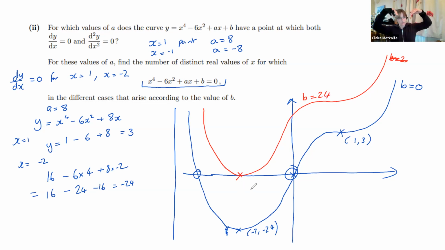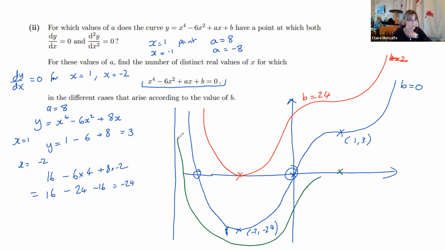As it starts going downwards, we're going to keep having 2 roots everywhere. We might end up at a point where we've actually got the point of inflection on this line, but that doesn't matter. That's still 2 roots. So something like this. So that's when b equals -3, because it's gone down 3, still has 2 roots.